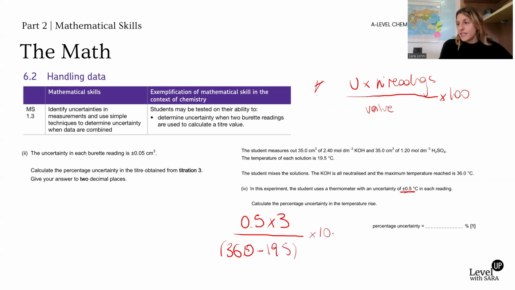And if we times all of this by 100, it would actually give us 9.09%. From the interpretation of the question, you will see how many measurements you've taken. So it does take a little bit of interpretation. Important to understand the uncertainty calculation and then look at the question carefully.